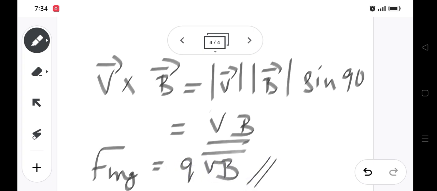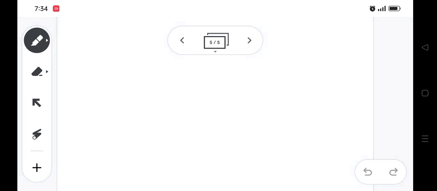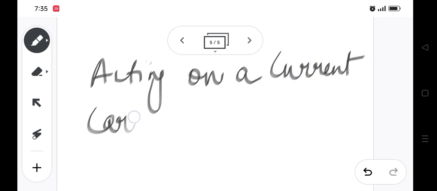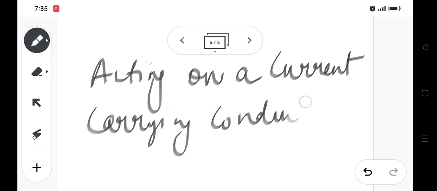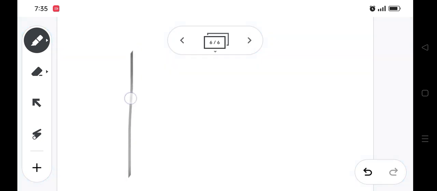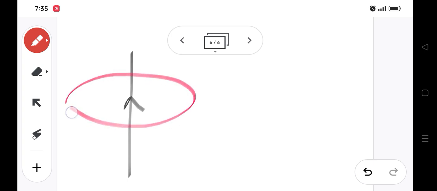Now we are going to derive the magnetic force acting on a current carrying conductor. Here we have a current carrying conductor, and we know that there will be magnetic field lines around it.